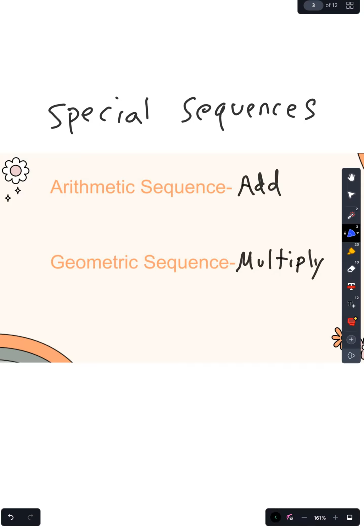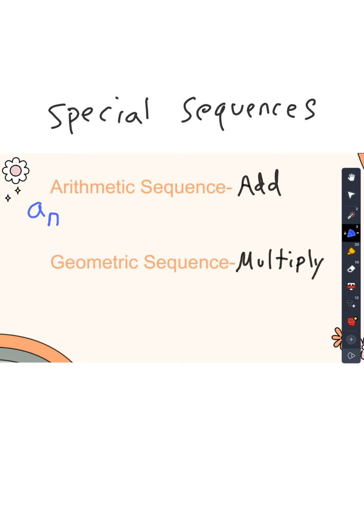Now, these do have special formulas. There's a lot of special formulas that go into them. But in particular, today we're just going to be looking at the general. So our general formula, so again, remember A sub n just represents that sequence. So for an arithmetic sequence, A sub n equals A sub 1 plus (n minus 1) times d, where A sub 1 is our first term, and d is what we call the common difference, or what we're adding each time.